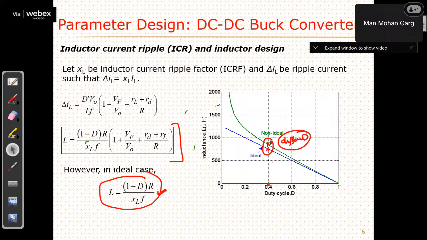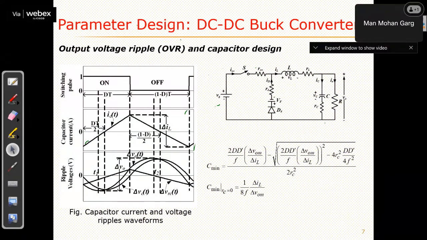As I told you previously, we discussed that this capacitor voltage is the voltage same as appearing across this load. So if this is ideal, then whatever is the voltage across capacitor, same will be the voltage across the load. But due to the presence of ESR, the output voltage ripple will increase.